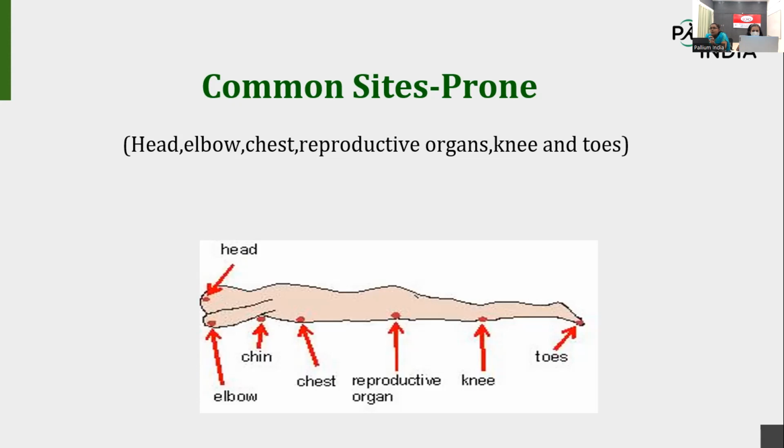If it is a third or fourth stage pressure ulcer, we will do a skin grafting procedure. After skin grafting, we need to keep the patient prone for at least 2 weeks. Before that, if they are willing and physically fit, we train the person to see whether they can tolerate this position.